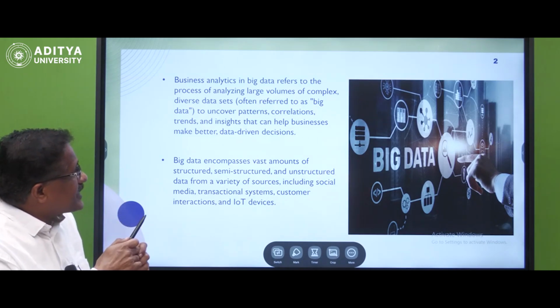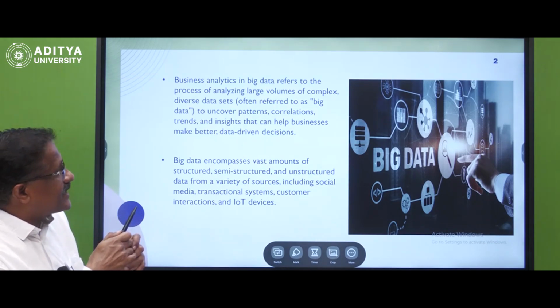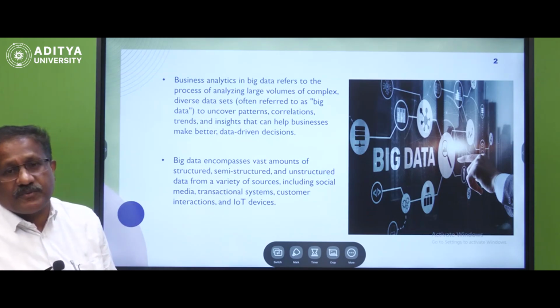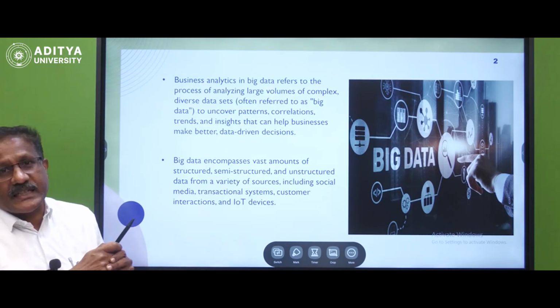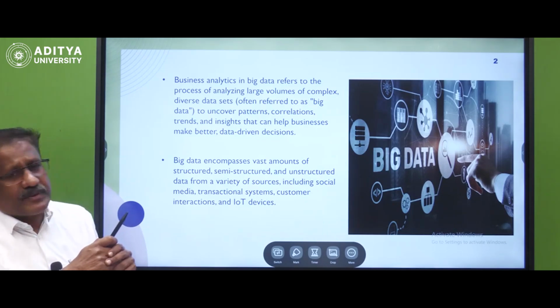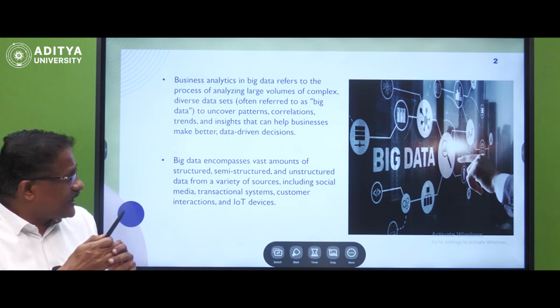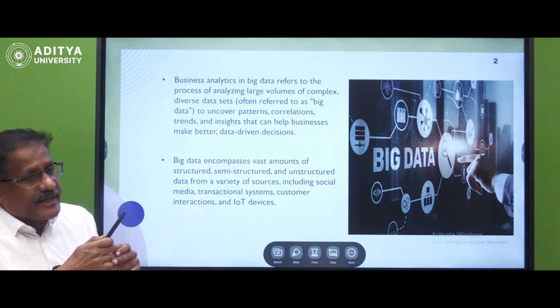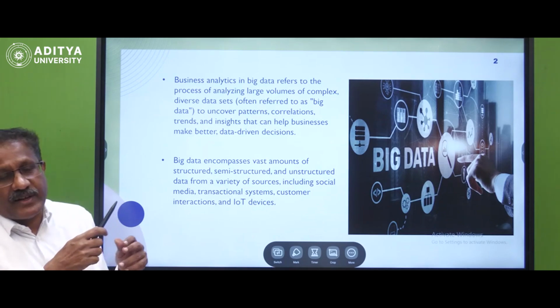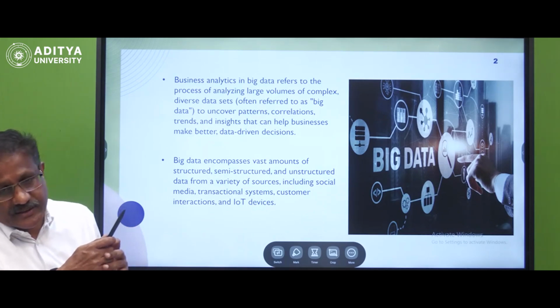It also encompasses vast amounts of structured, unstructured and semi-structured data. Yesterday we talked about the different types of data, structured, unstructured and semi-structured, that come from various sources including social media, transactional systems, customer interactions and various IoT devices.